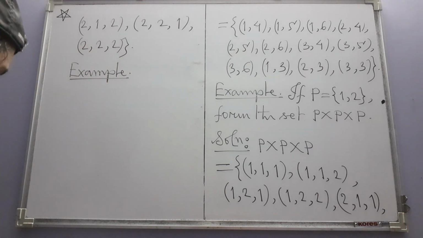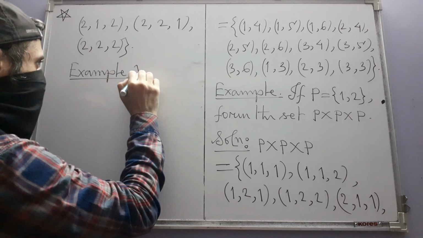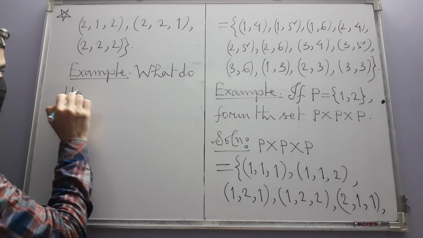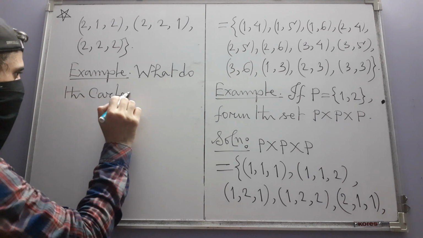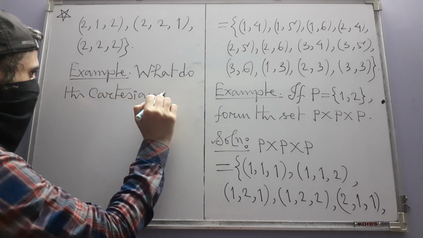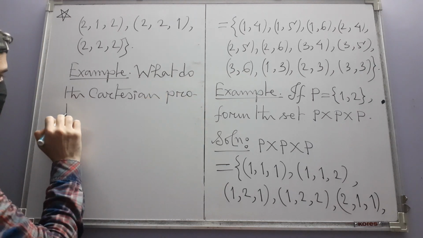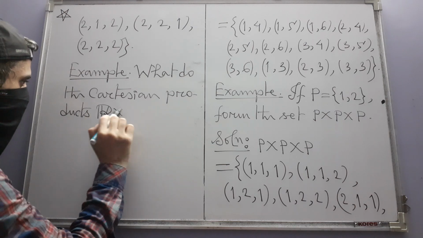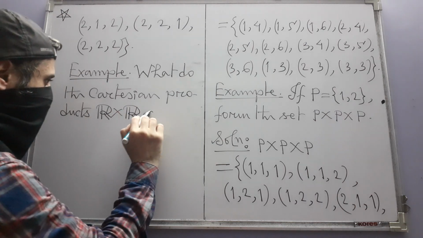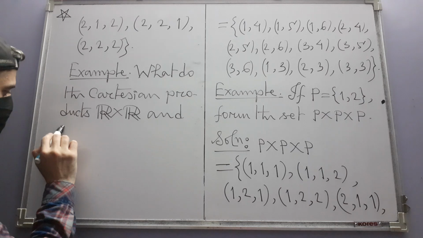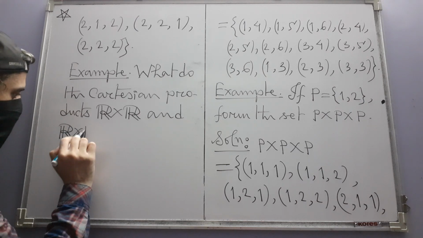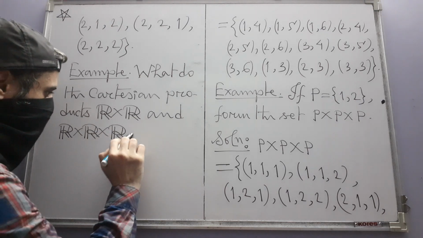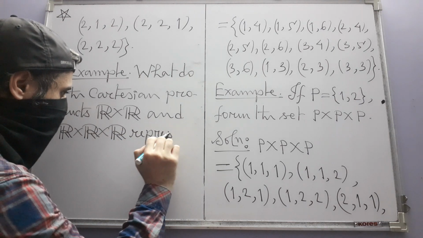Next example. What do the Cartesian products R times R and R times R times R represent?